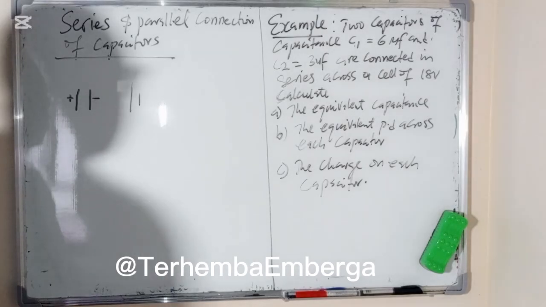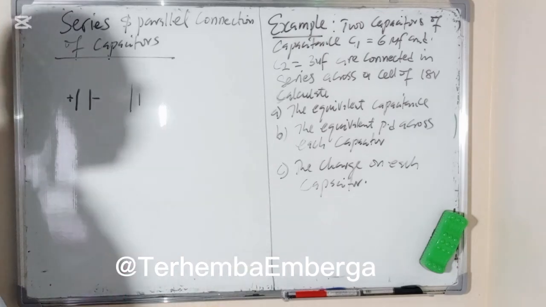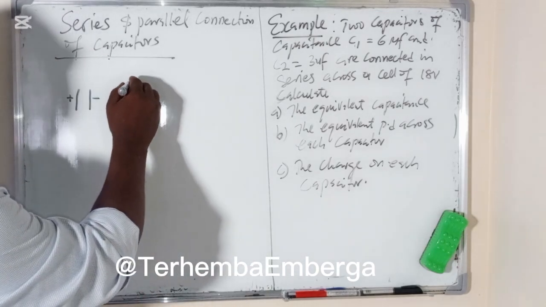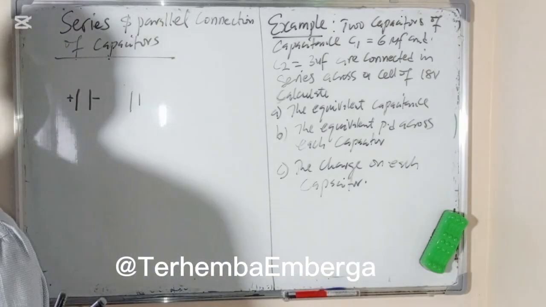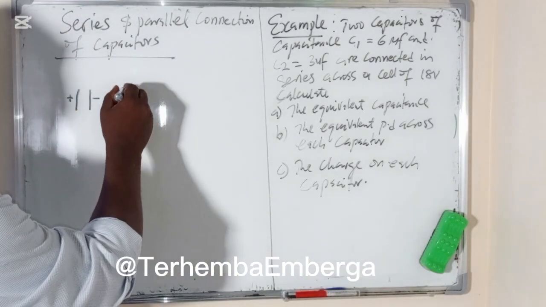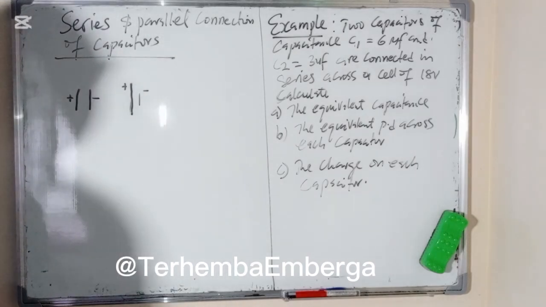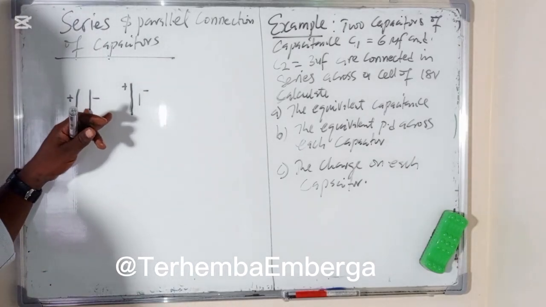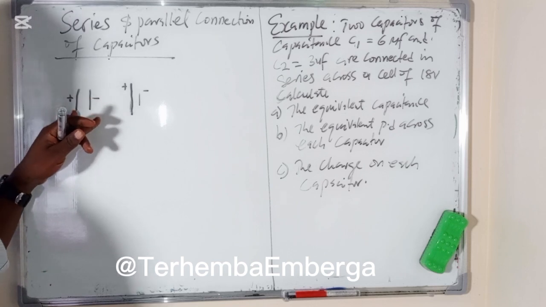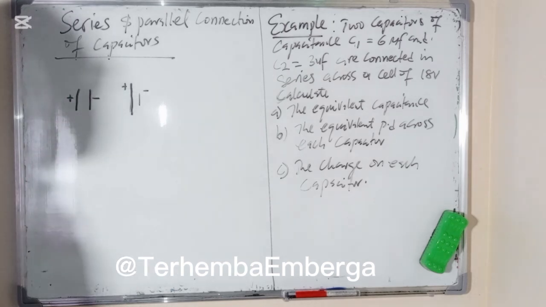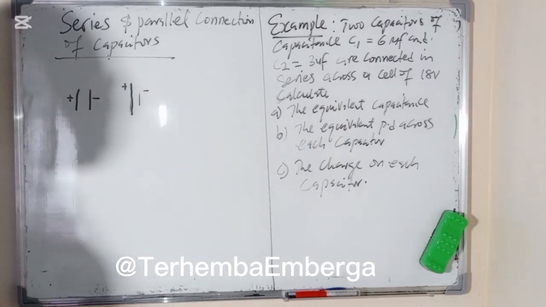This is a circuit symbol for a cell or a battery, where the longer side denotes the positive side, this denotes the negative side or terminal. So for a capacitor, the two terminals appear to be the same, but we have the positive plate and the negative plate.